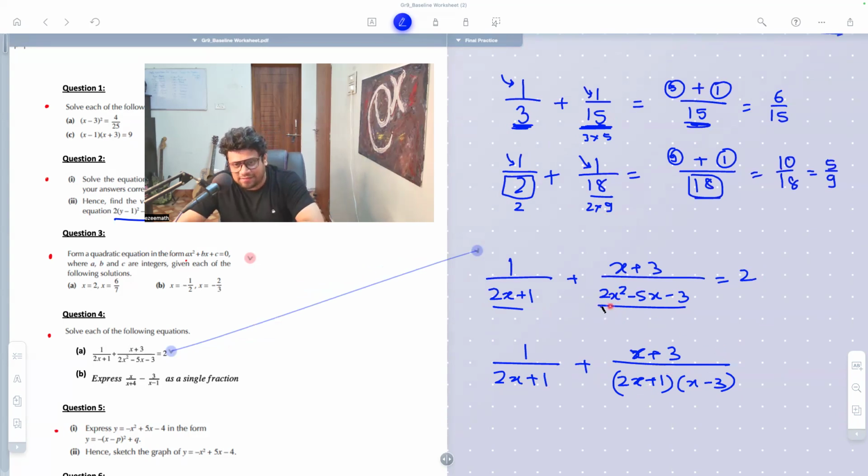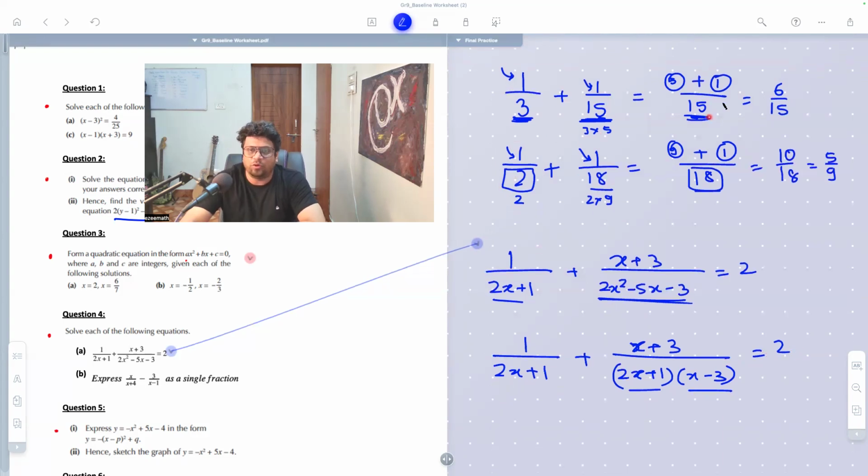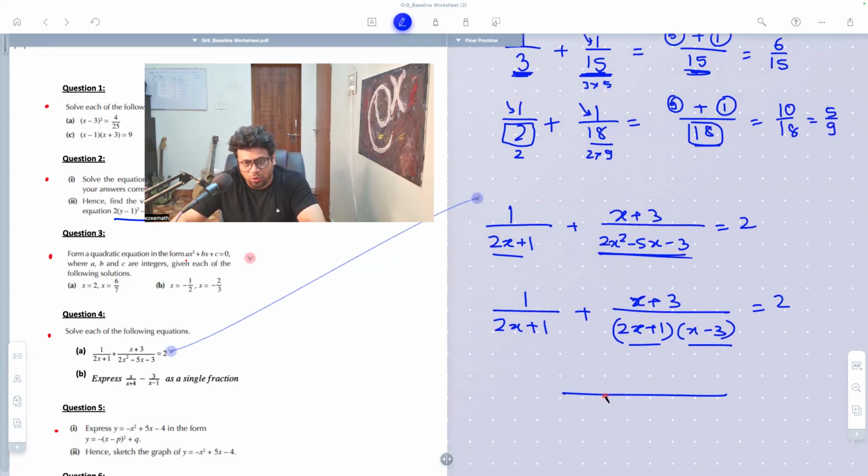When you factorize this quadratic, you're going to get that it's the product of 2x plus 1 and x minus 3. Just like you have a 3 and a 3 into 5, 2x plus 1 and a 2x plus 1 into x minus 3. Well, the LCM, like it was a 15 here, the LCM is going to be 2x plus 1 into x minus 3.